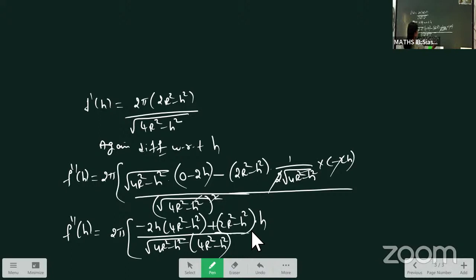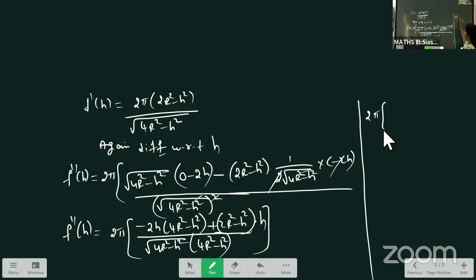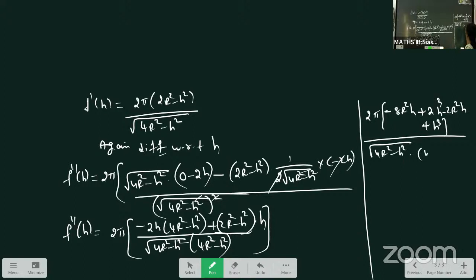Now simplify a little. 2 pi as it is. Open up the bracket. Minus 8r square h plus 2h cube minus 2r square h minus into minus plus h cube by under root of 4r square minus h square into 4r square minus h square.